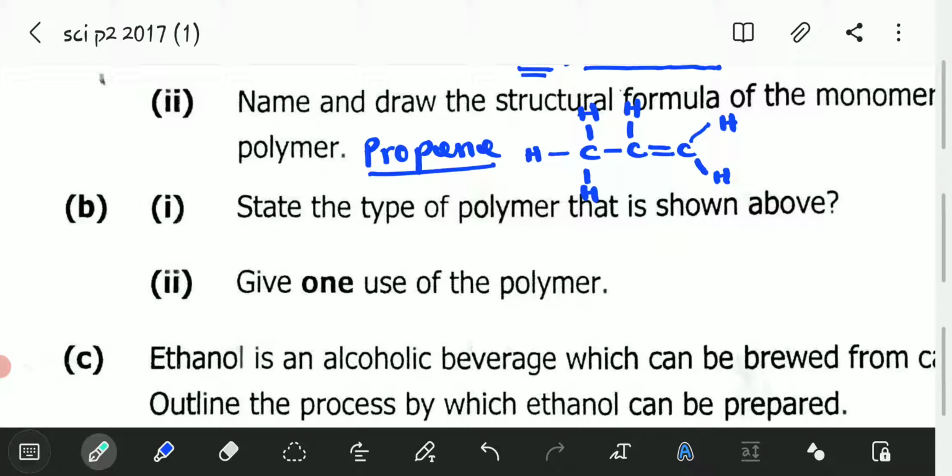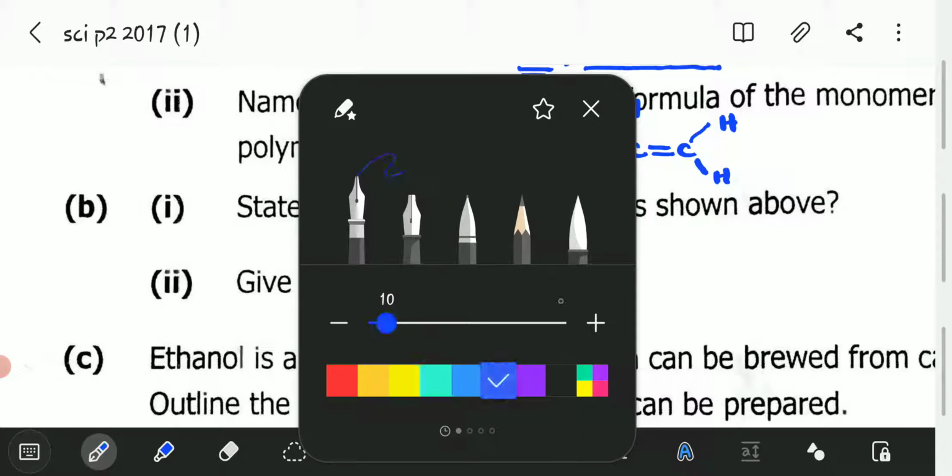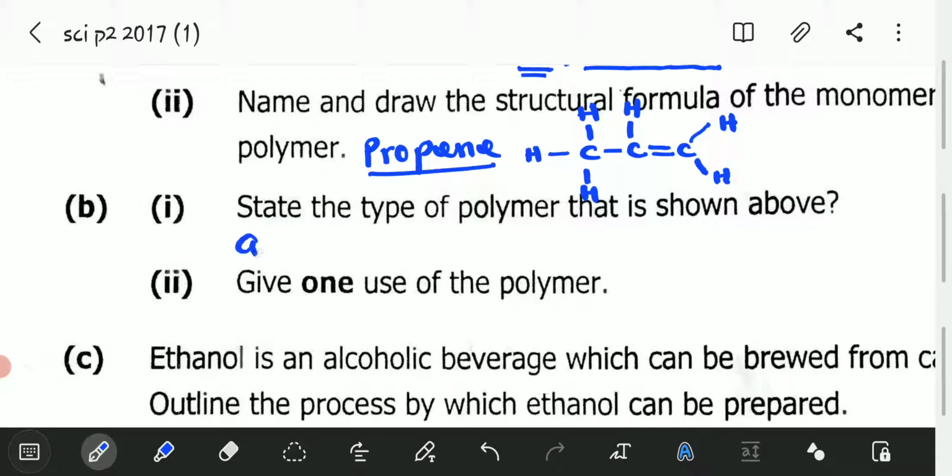It is an addition polymer. Addition polymer.